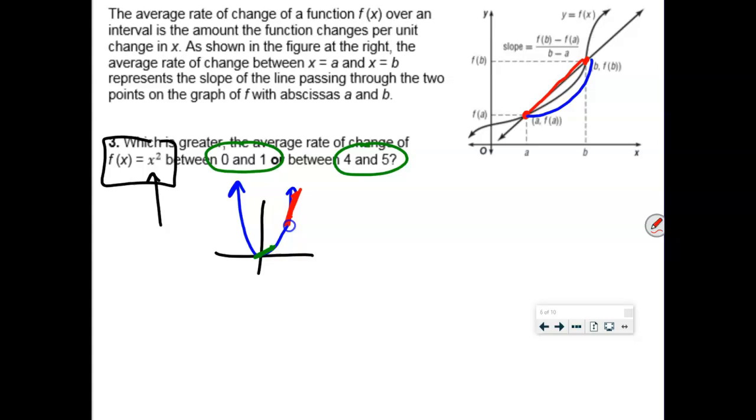So anytime you have a parabola, the further out in the domain you go on one side of the vertex, the more intense the average rate of change becomes. Always. Well, of course there are exceptions, but on this general parabola, the one that has the greater average rate of change is this guy for sure.